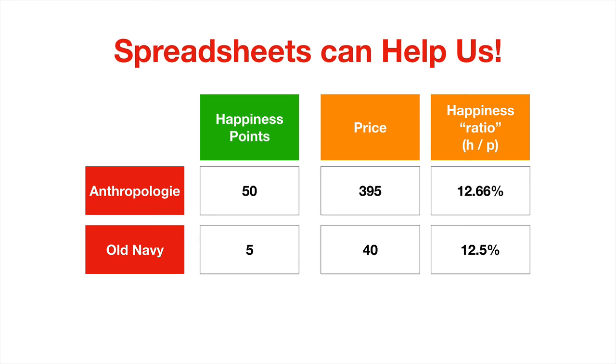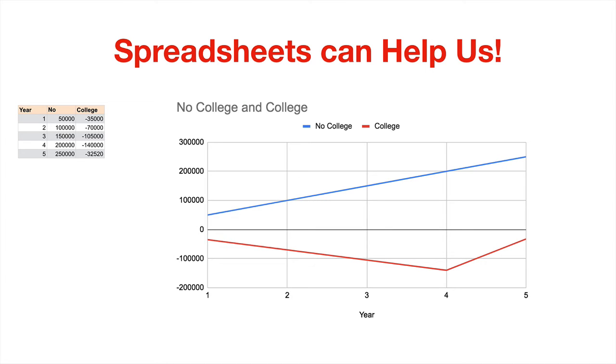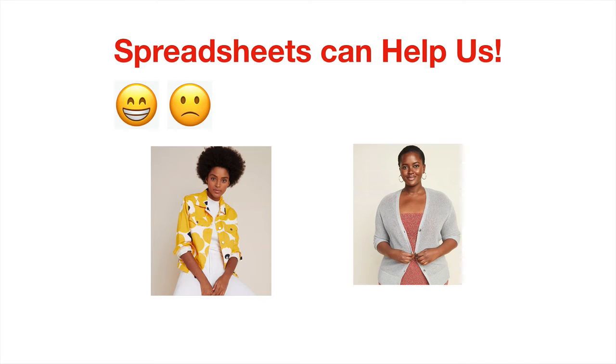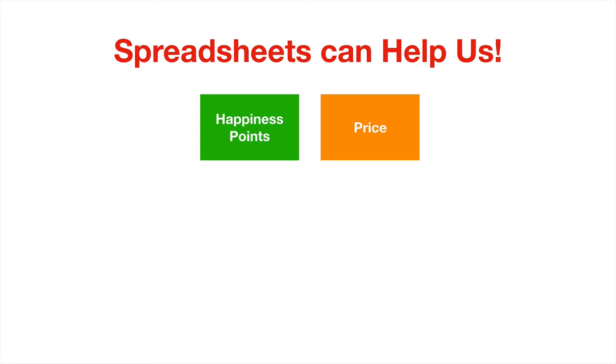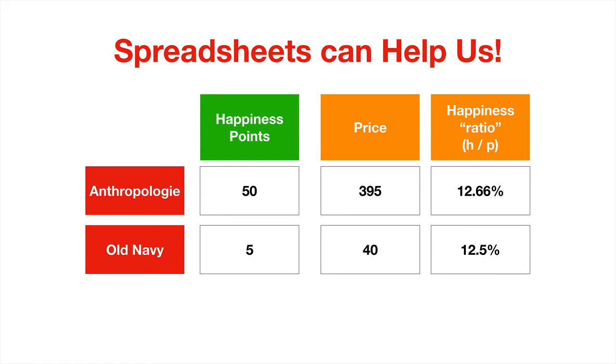Or when we divide 5 by 40, it's also about 12.5%. So in this case, it's about even either way. Since they're about the same happiness ratio, you might want to spend less money and be happy that you spent less money, but also you might not be as happy in the short term.